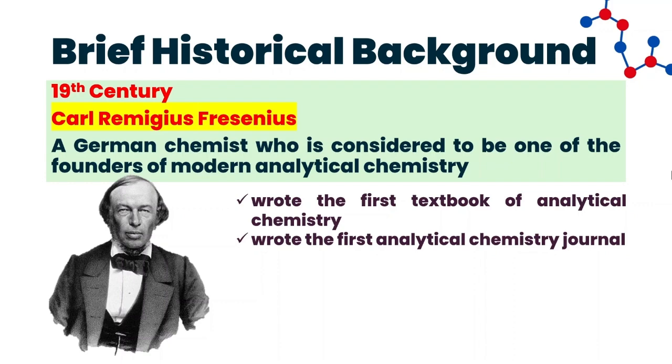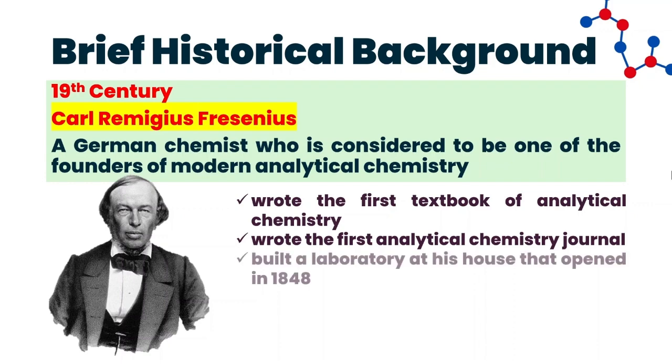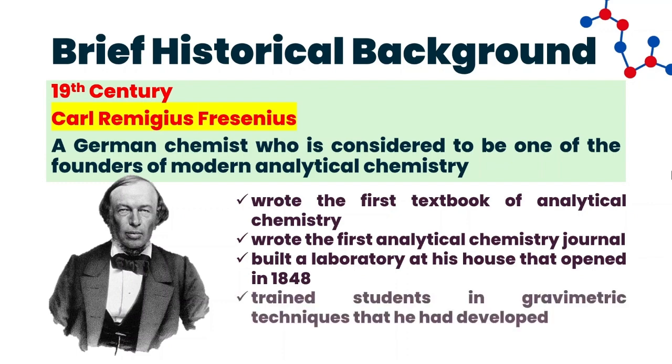He also wrote the first analytical chemistry journal. He built a laboratory at his house that opened in 1848, and that laboratory trained students in gravimetric techniques that he himself had developed through time. So many of the methods that Berzelius developed are still fundamental in modern laboratory practices.